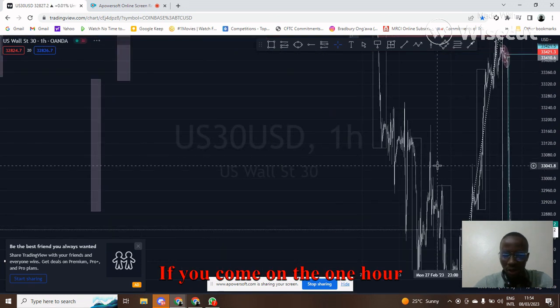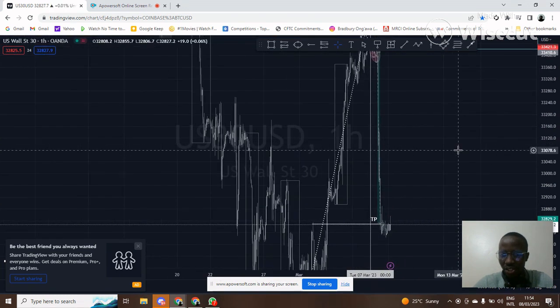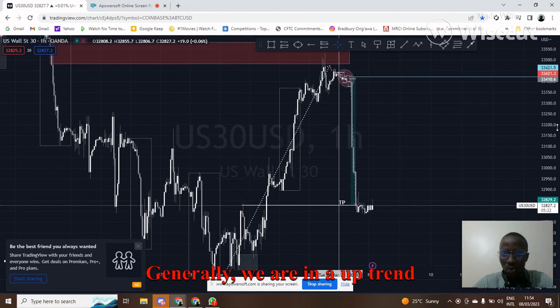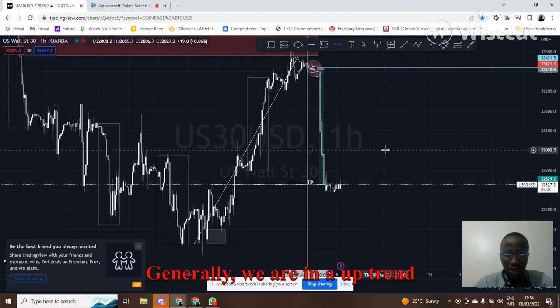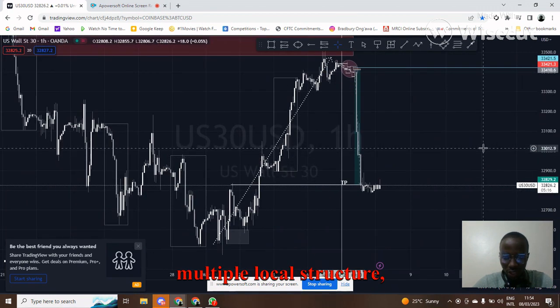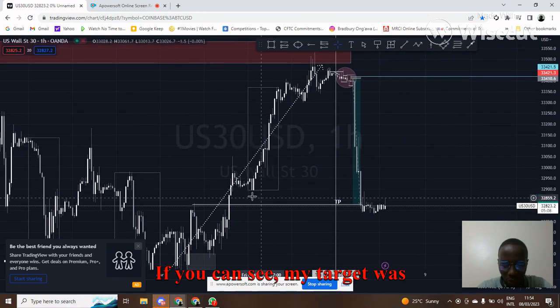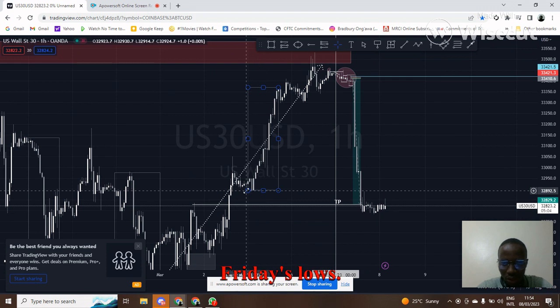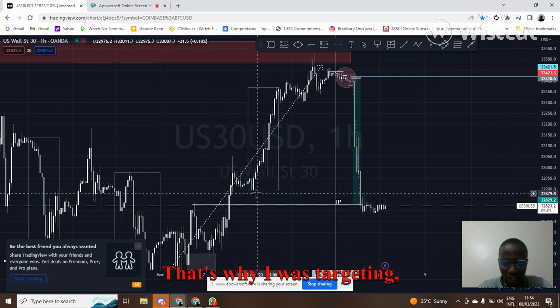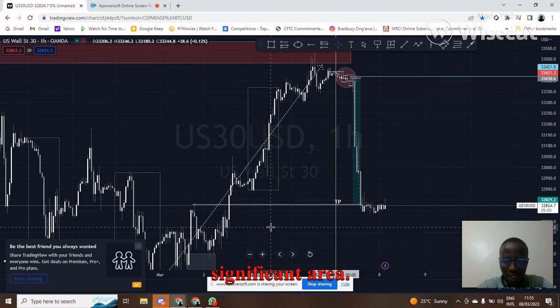If you come on the 1 hour, for that stretch generally we are in an uptrend because we've seen multiple breaks of structure. But I based my take profit on the Friday's lows. That's where I was targeting, but I had to check a significant area.